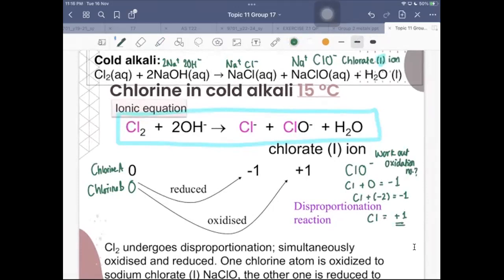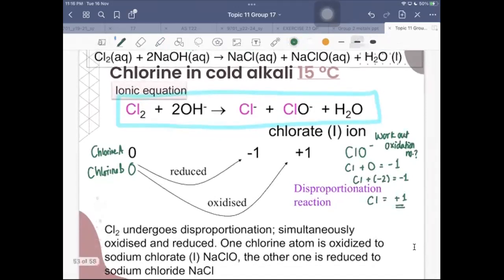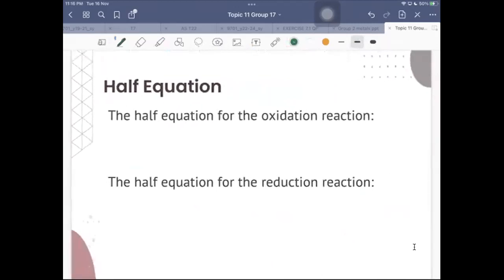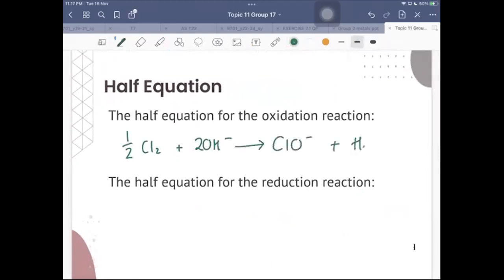And that's it. The same chlorine molecule is being reduced and oxidized in the same reaction. So that's just the explanation. The half equation for the oxidation reaction is half Cl2 plus 2OH minus to go into ClO minus plus H2O.